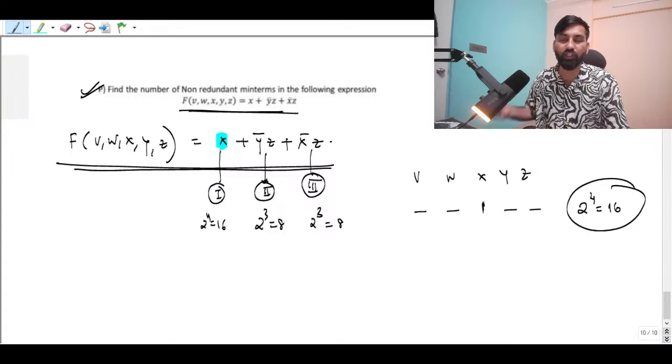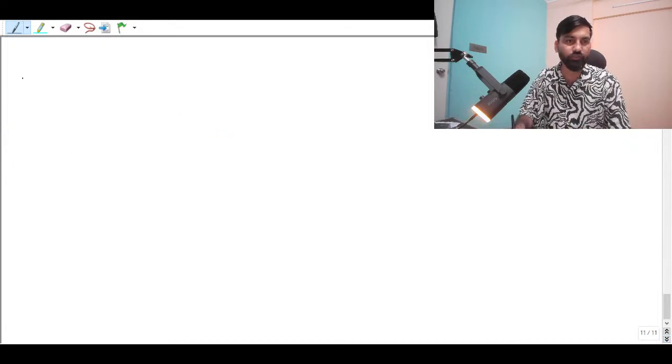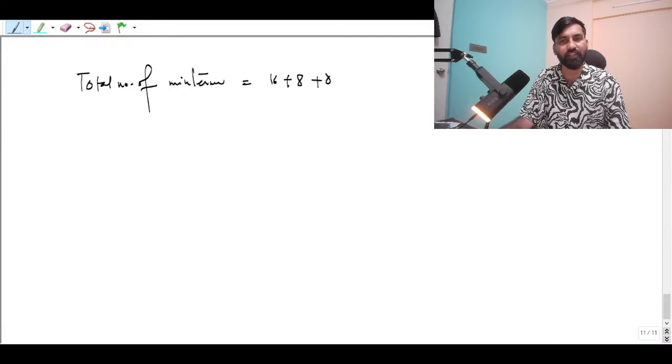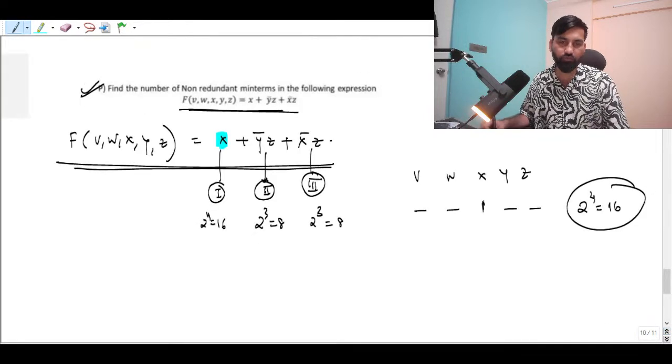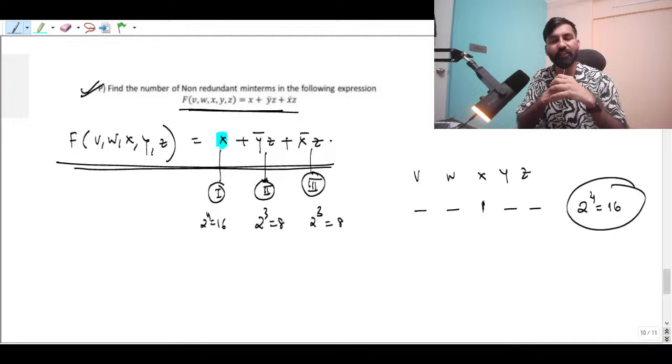So the total number of minterms is 16 plus 8 plus 8, which is 32. This is very easy to find out. You don't have to work it out in terms of Boolean variables or literals. You just have to count. This is just a question of counting.